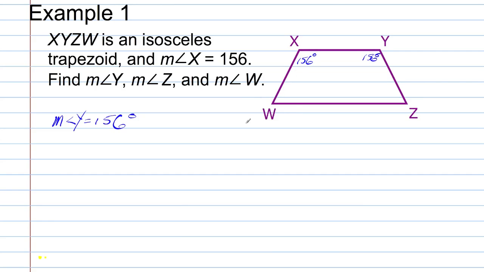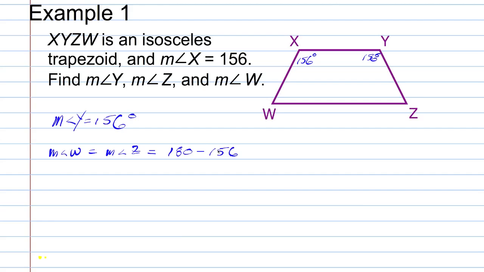Now we can either find the measure of angle W or the measure of angle Z next. Well, really, what we're going to do finds the measure of both of them because they're congruent. So we could say that the measure of angle W is equal to the measure of angle Z because the base angles of an isosceles trapezoid are congruent. And that's going to be equal to 180 minus 156.